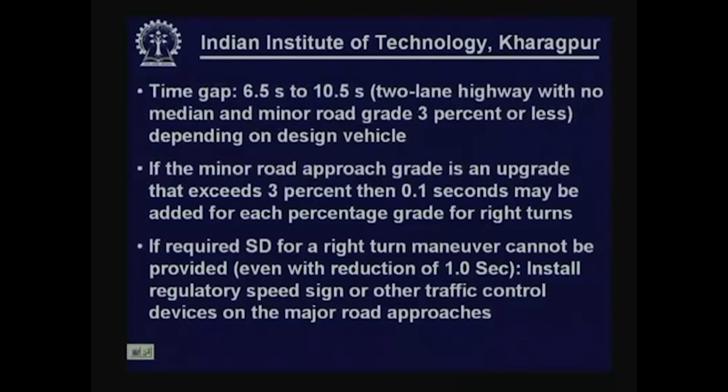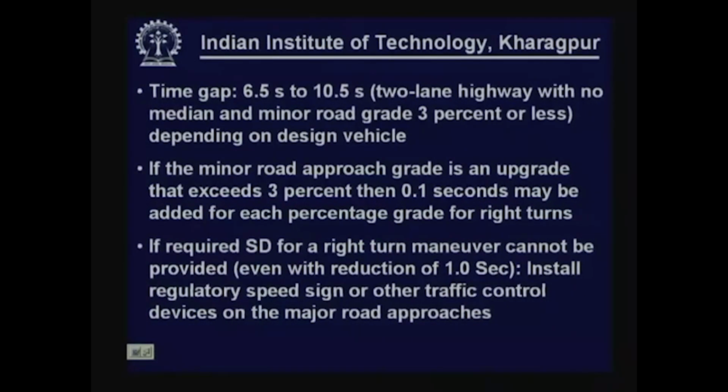It is observed that for right turn, a vehicle accepts a slightly lesser time gap. AASHTO says that one can consider 1 second lesser time as compared to what is recommended for left turn.